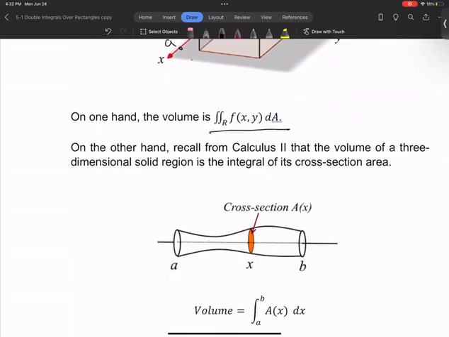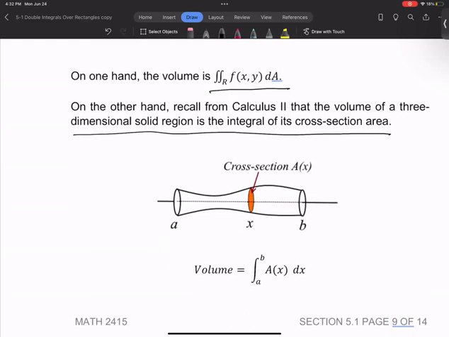But from calculus 2, you learn something, right? You learn that there is another way to calculate the volume of a 3-dimensional solid region. So what you used to do? You used to make a cross section. That's the area of this guy.